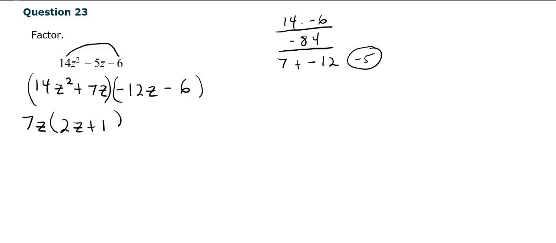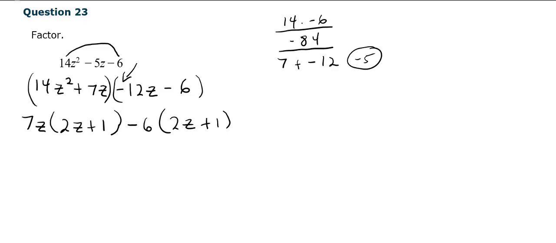Now for the second group, remember this is a negative, so I'm going to factor out a negative. And the greatest common factor of 12 and 6 is 6. So negative 12z divided by negative 6 is positive 2z. And negative 6 divided by itself is positive 1.